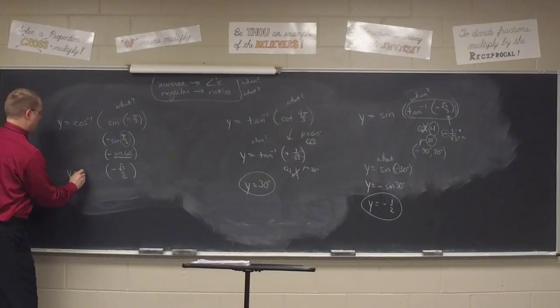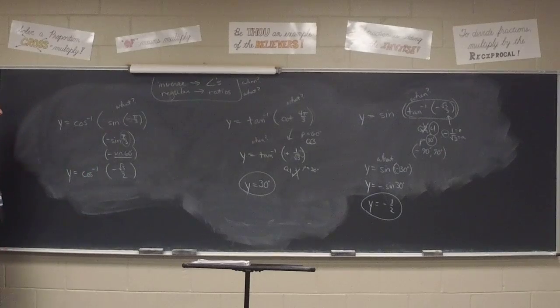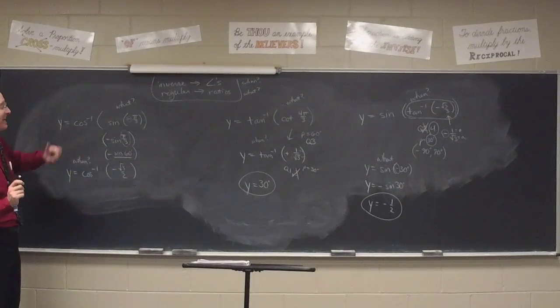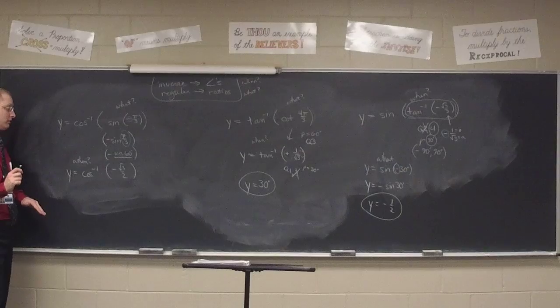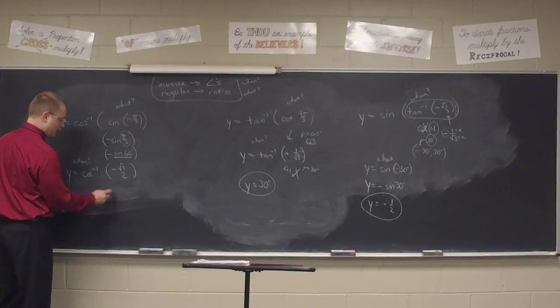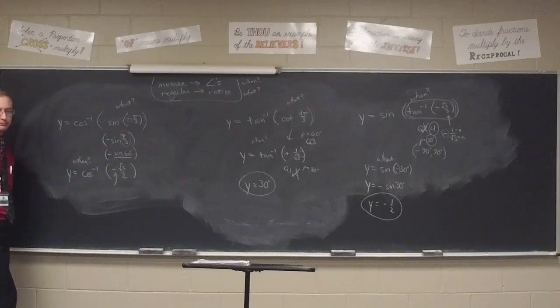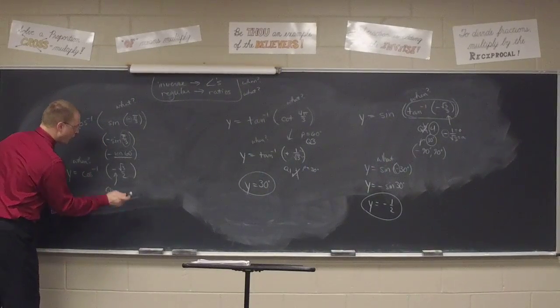Now, the question changes. Class, now the question becomes when. And as I do this, by the way, I'm going to be getting what kind of answer for my final answer? I'm going to get some kind of angle for my final answer. When is cosine negative? 2 and 3.